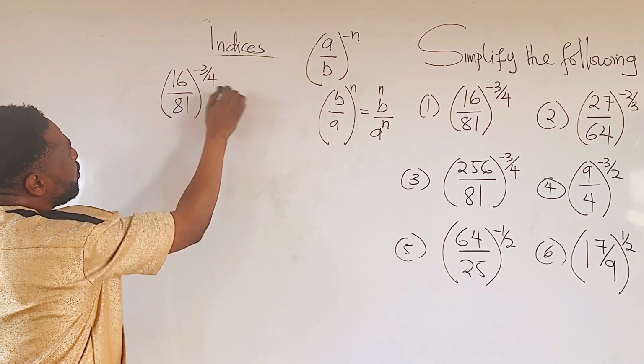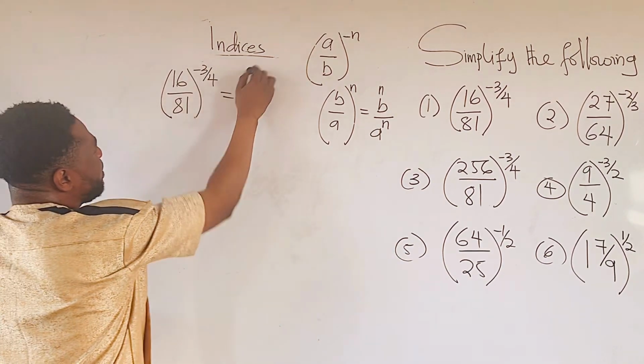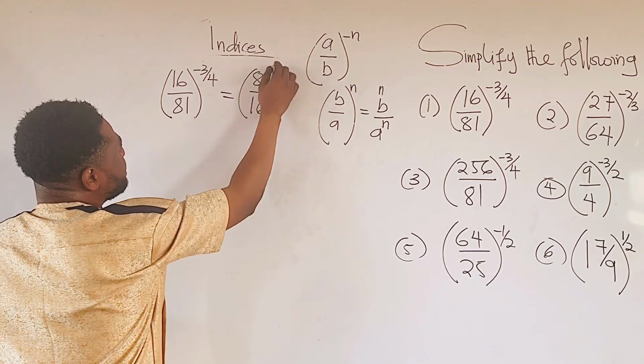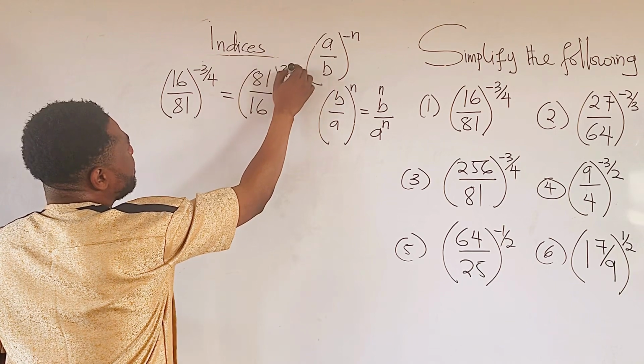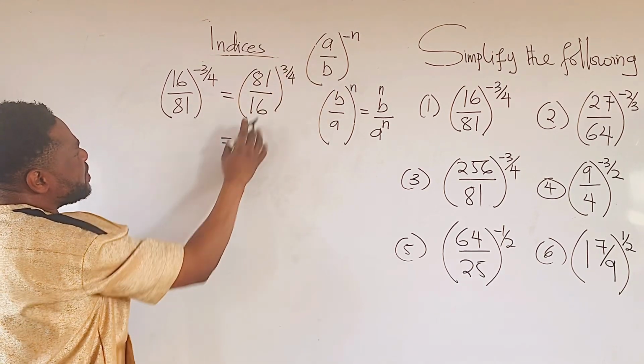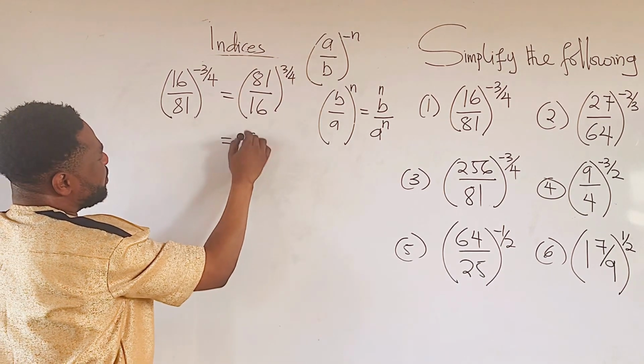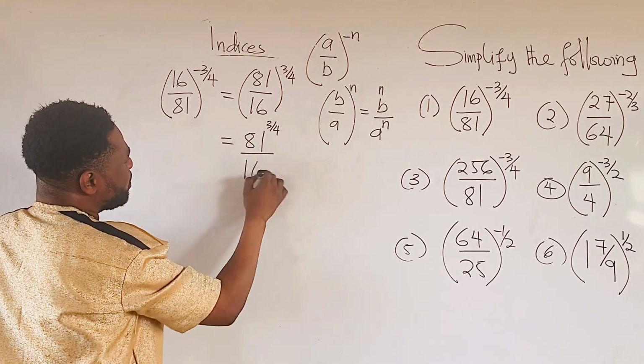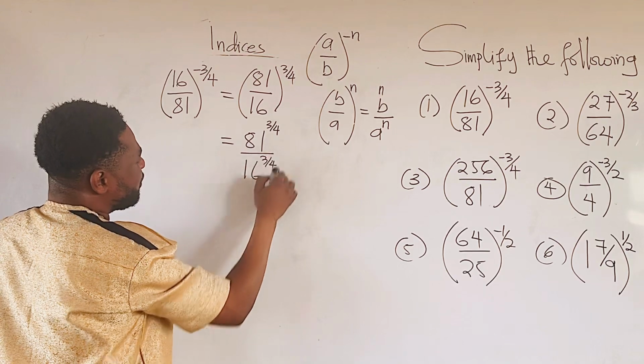First of all, we'll get rid of the negative here by reciprocating what is in the bracket. So we have 81 over 16 all raised to the power 3 over 4. The next procedure is we are going to expand, and we are going to have 81 raised to the power 3 over 4, 16 raised to the power 3 over 4.